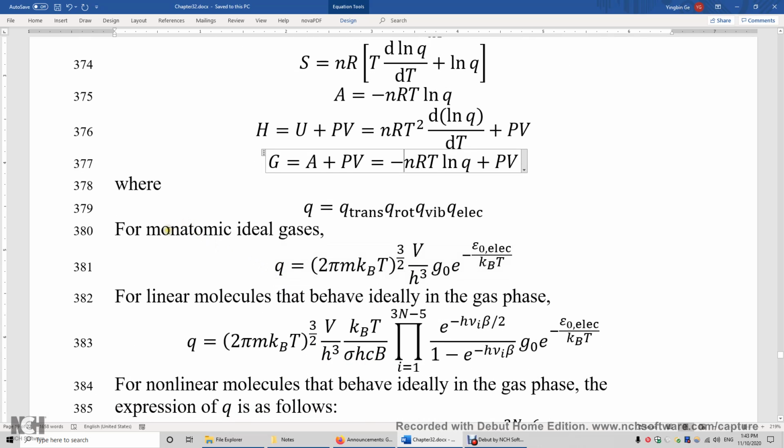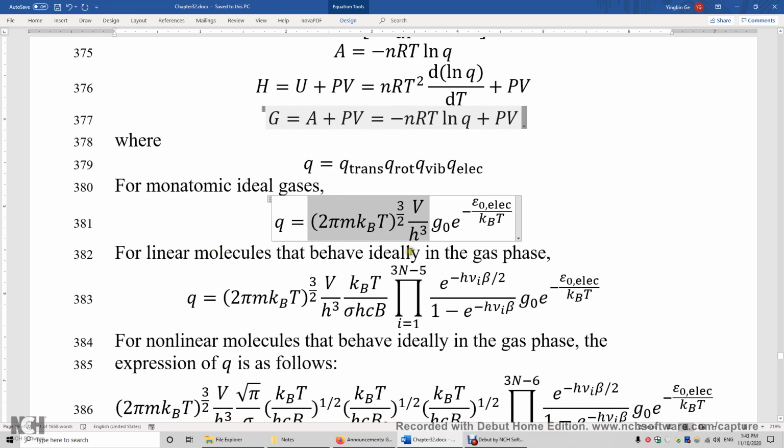If you have a monatomic ideal gas, then this Q is simply the translational partition function multiplied by the electronic partition function. And this expression is based on the assumption that the gas is ideal.